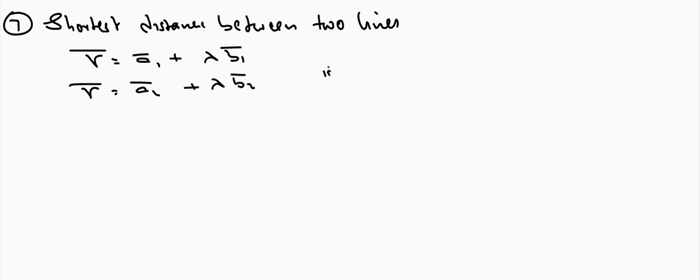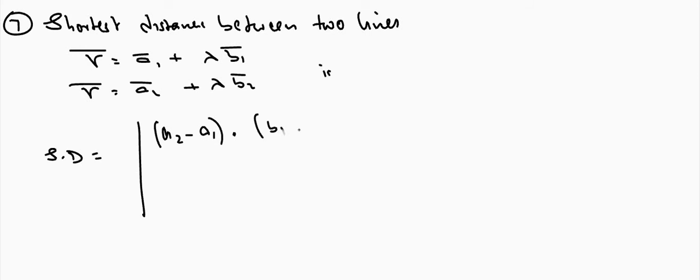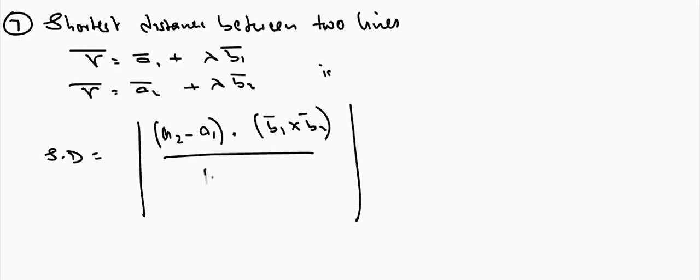The shortest distance, let it be SD, is equal to the modulus of the dot product of (a2 minus a1) and (b1 cross b2), divided by the modulus of b1 cross b2. First we have to find b1 cross b2 and a2 minus a1, then the dot product of a2 minus a1 and b1 cross b2.